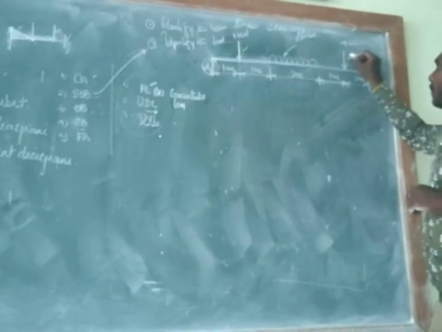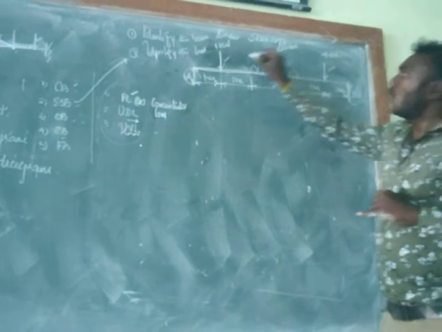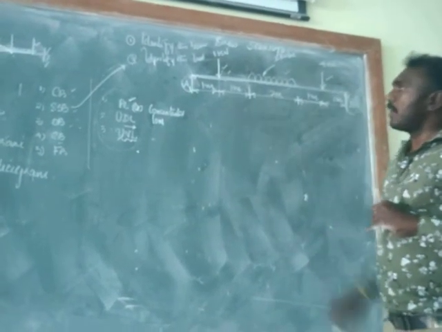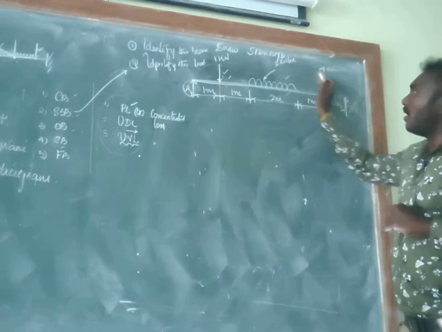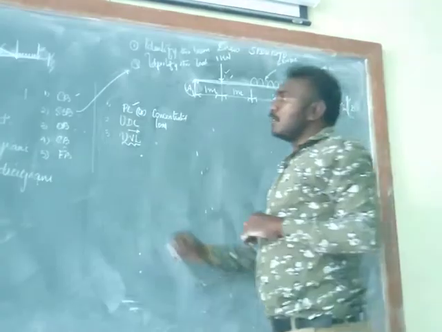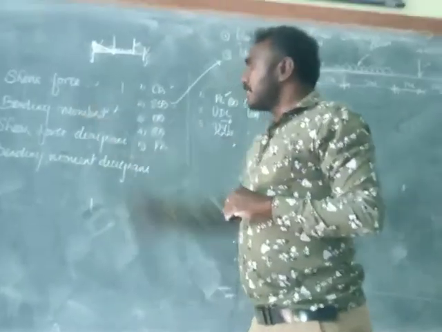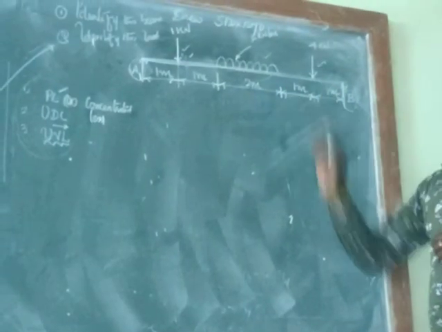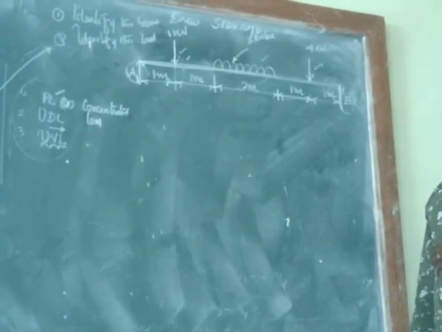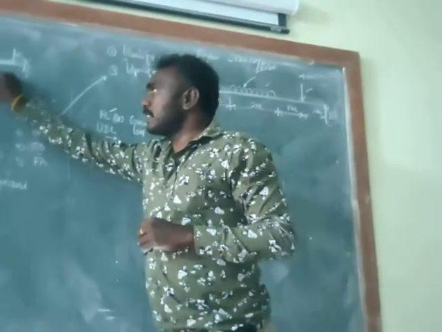One point load, one uniformly distributed load, another point load. The summation of all loads or forces acting on either side of the beam is known as shear force. What is bending moment? The same concept: the summation of all moments of force acting on either side of the beam. Shear force is the summation of forces.